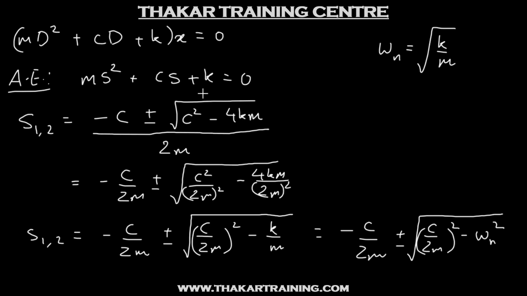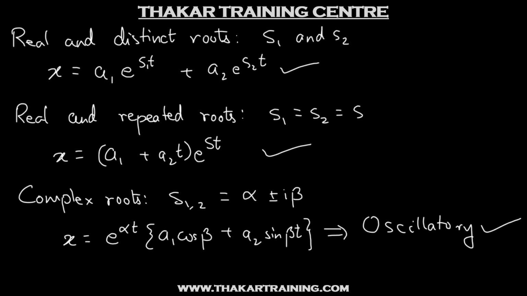We wrote the auxiliary equation, found the roots, and recapped what we have studied in differential equations: based on the type of roots, what sort of solution form we are going to have. We concluded that the presence of sine and cosine terms means that it is an oscillatory system, whereas these two are non-oscillating systems.